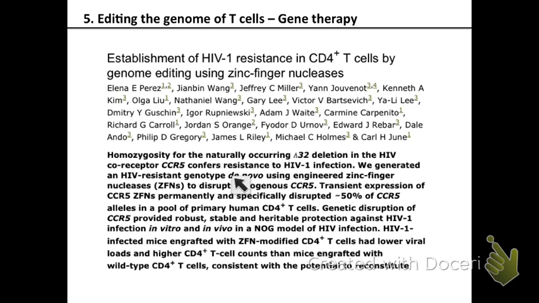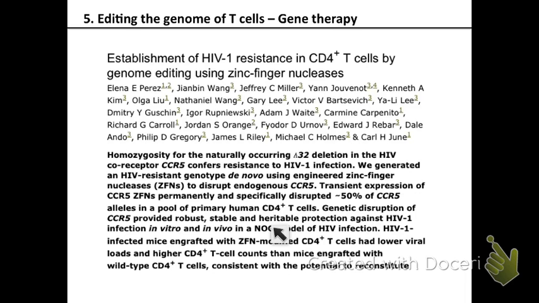So what they did is they took some cells and they disrupted the CCR5, making this deletion using zinc finger nucleases. And that resulted in about 50% of the alleles. So in a population of cells, they were capable of changing the sequence of the CCR5 in about 50% of the alleles, 50% of the chromosomes.